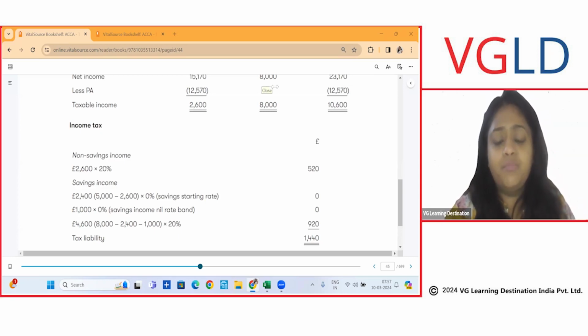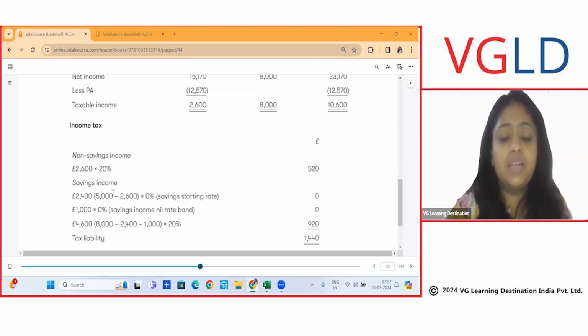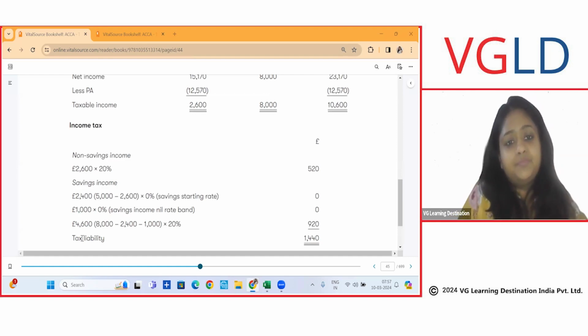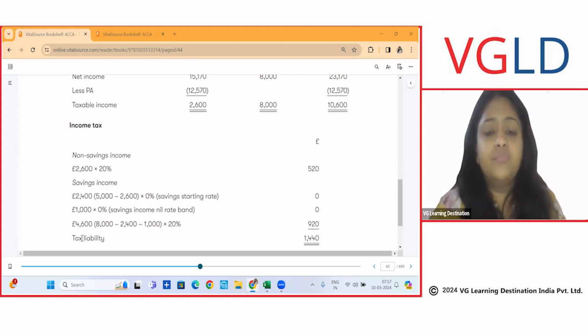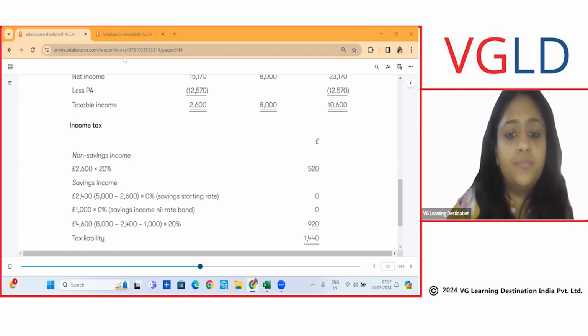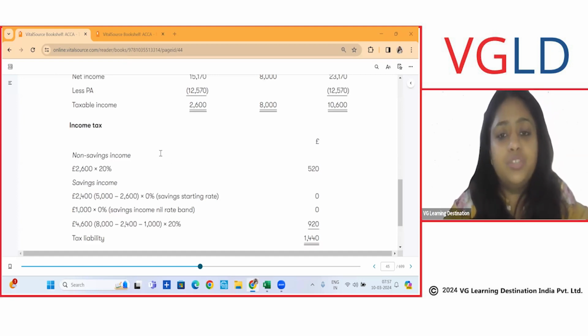Ashna, what mistake did you make, because you got this answer correct? Where did you go wrong? You did not give that starting nil rate band of 2,400, is it? Okay, got it. No issues.